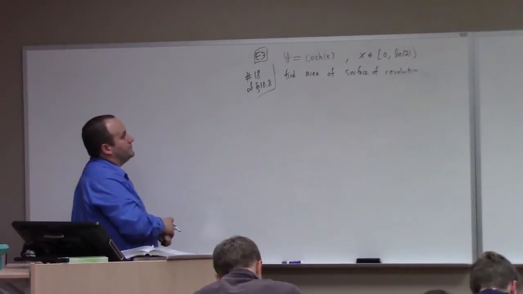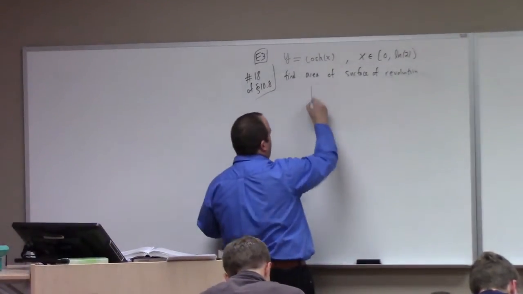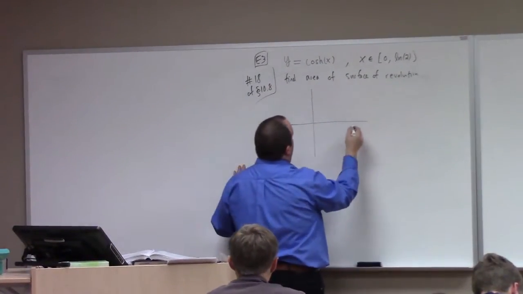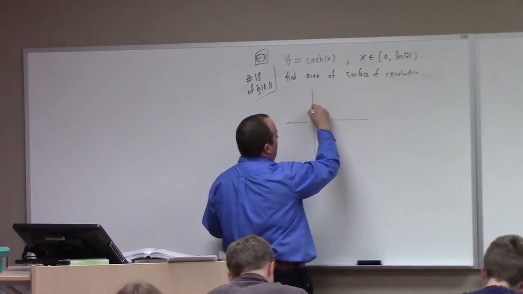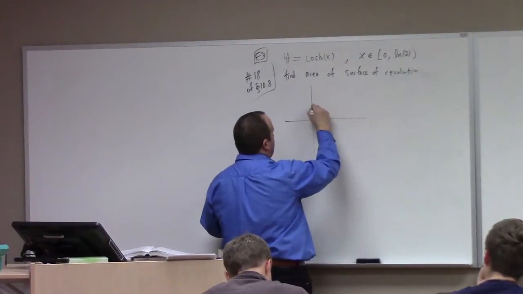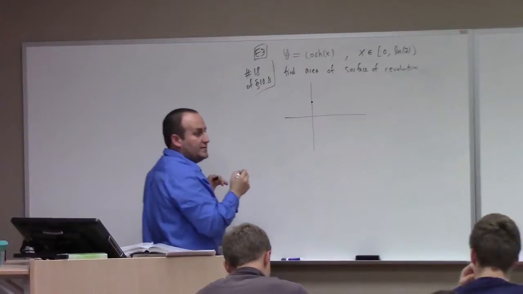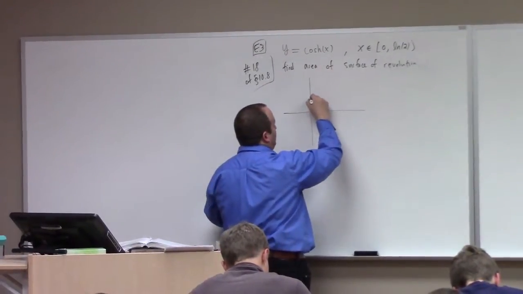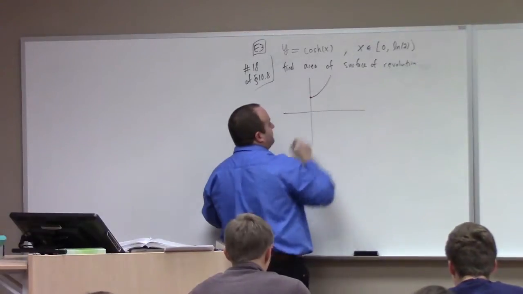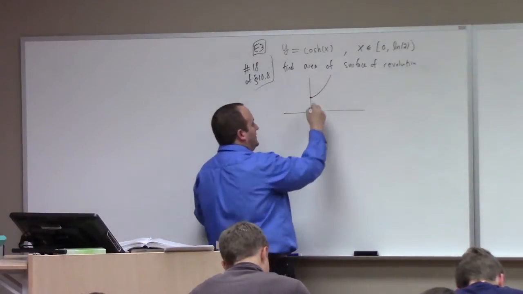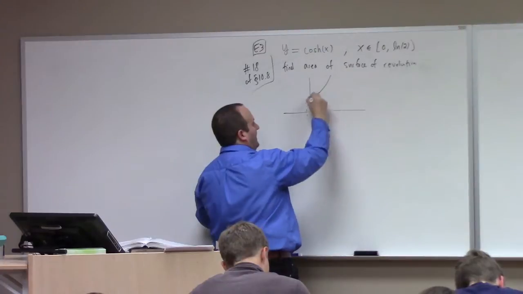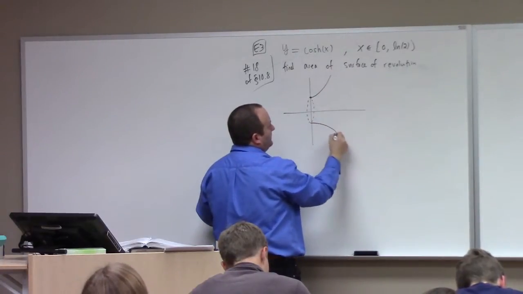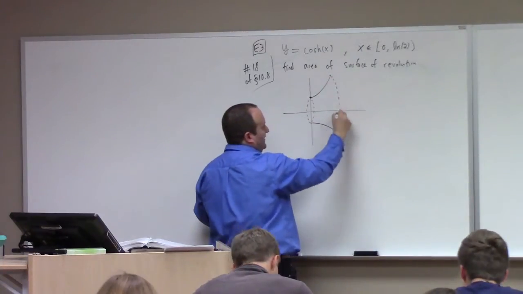Okay, first of all, what is this? Let me just draw a picture for you guys. Cosh starts at 1. In fact, that's the smallest cosh ever gets, right? So cosh is 1, and then it just grows exponentially, basically like that. And so this is something like the end of a horn or something.